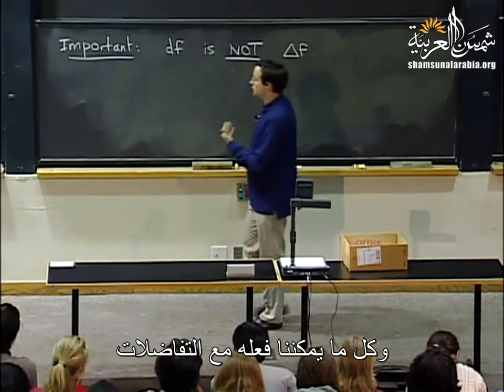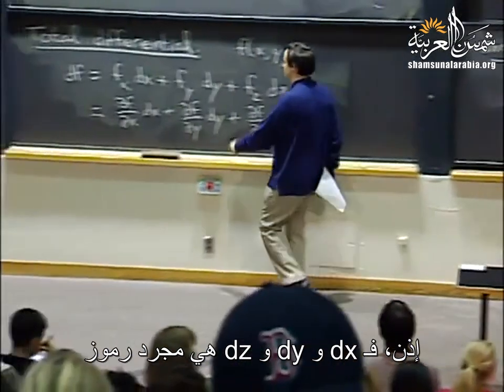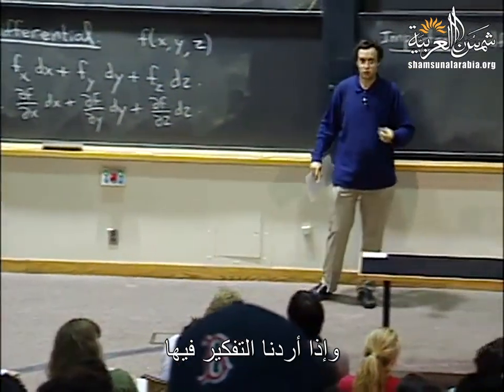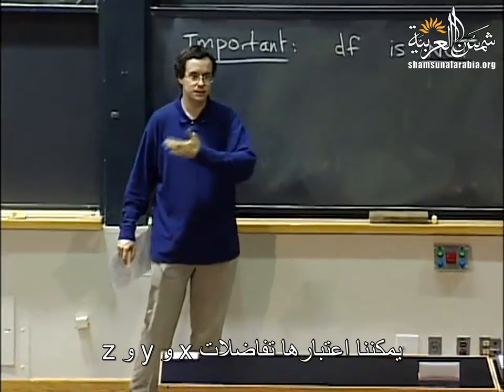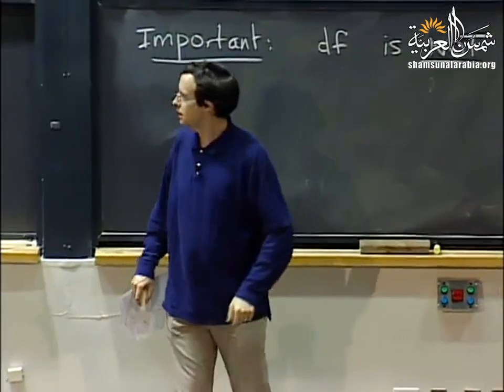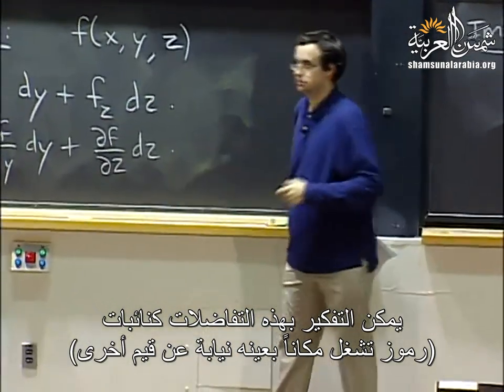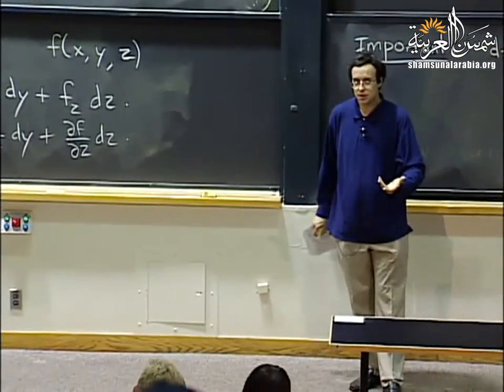All you can do with a differential is express it in terms of other differentials. So in fact, this dx, dy, and dz are mostly symbols, but if you want to think about them, they're the differentials of x, y, and z. You can think of these differentials as placeholders where you will put other things.